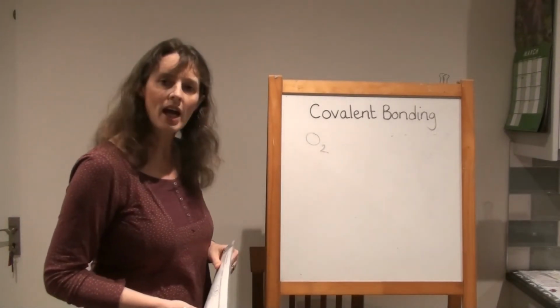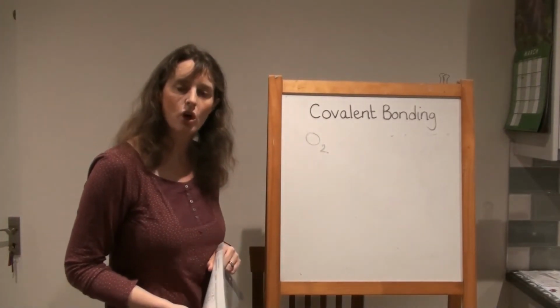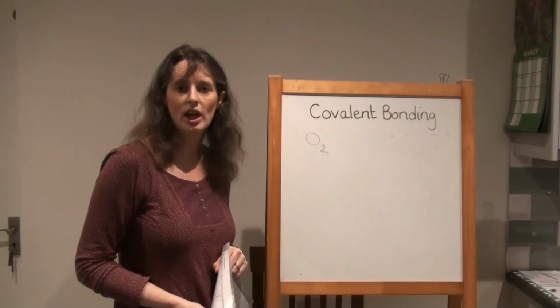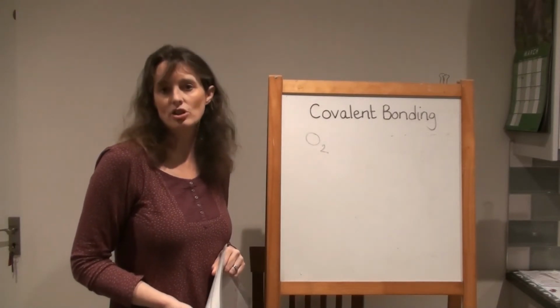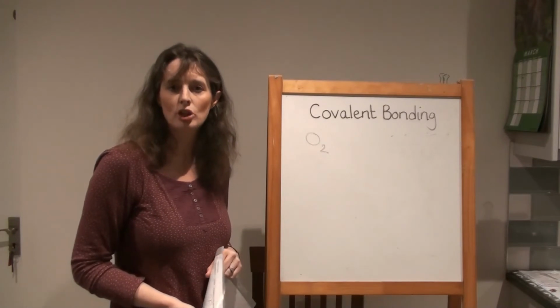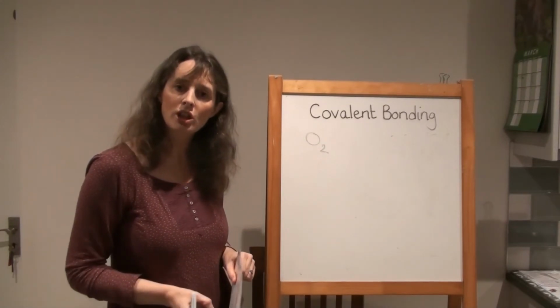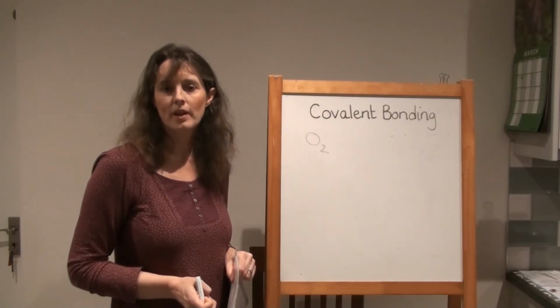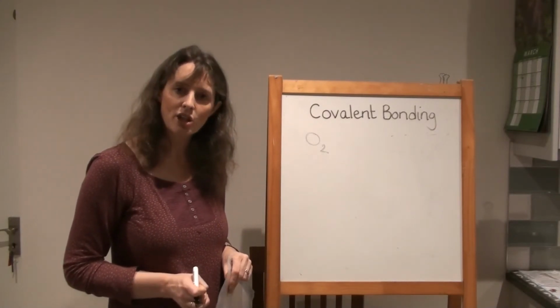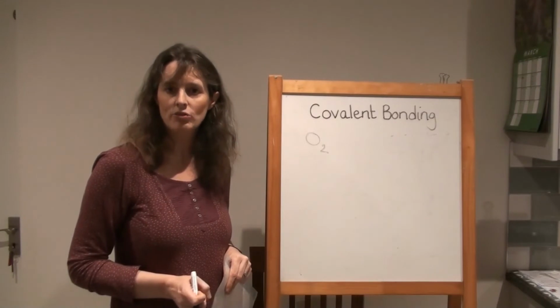So oxygen has 6 electrons of its own in the outer shell. And as we stated, it needs to get 2 more, get a share of 2 more. In order to do that, how many does it have to share? That's right, it has to share 2 to get 2 back in return.